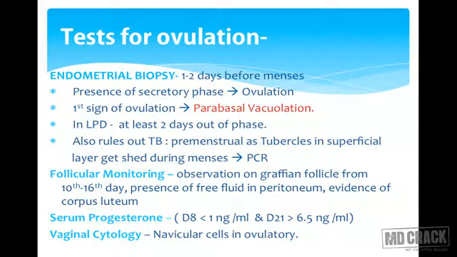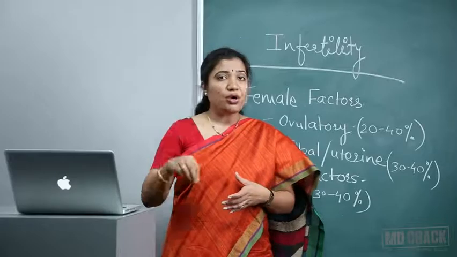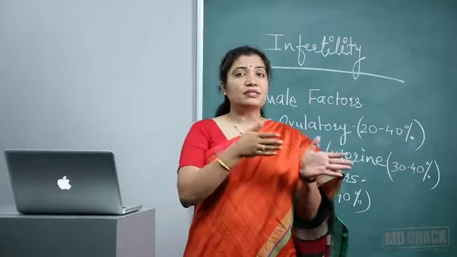Am I very clear? Looking at the histopathology of the endometrium, which we have obtained on endometrial curettage or endometrial biopsy, by reading or by seeing the changes, the report can tell us which day of menstrual cycle that woman is in.